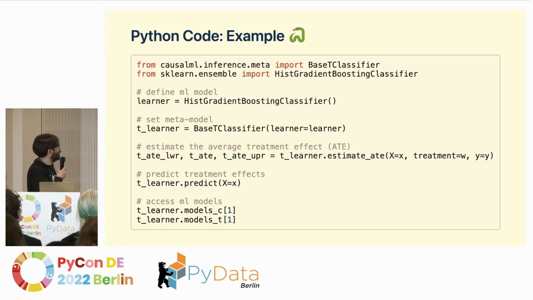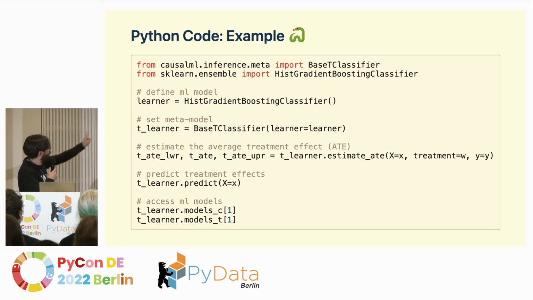So this, for example, is how you would fit one of these meta-learners in CausalML. So for this specific case, I'm going to use this HistGradientBoostingClassifier from sklearn. And I can just select the T-learner to use this one for both the treatment and the control group.